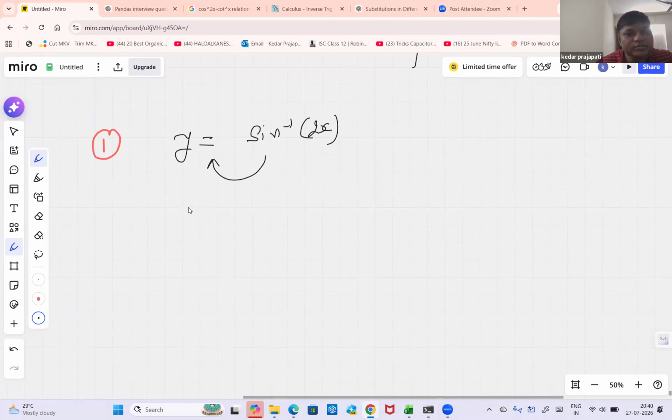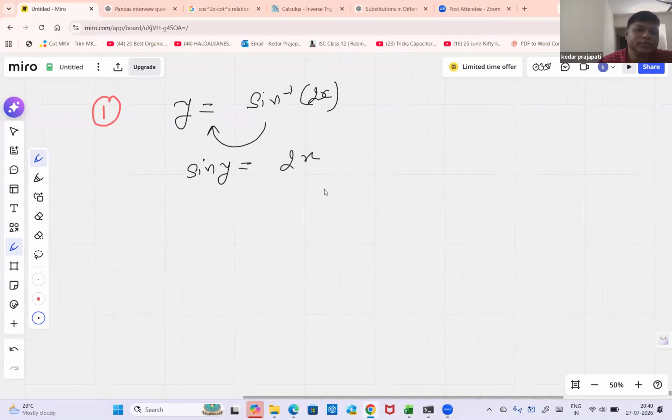Sine will come this side: sine y equal to 2x. Now differentiate with respect to x. So this will be cos y into dy by dx. It will be d by dx of this much, which will become 2. Clear?